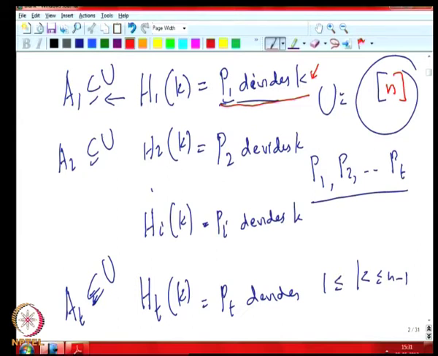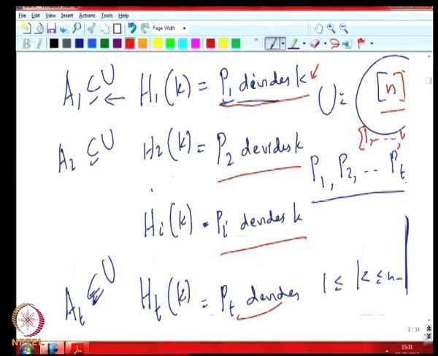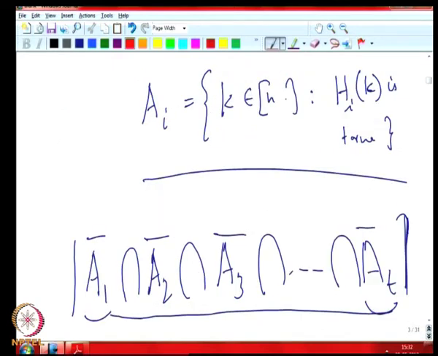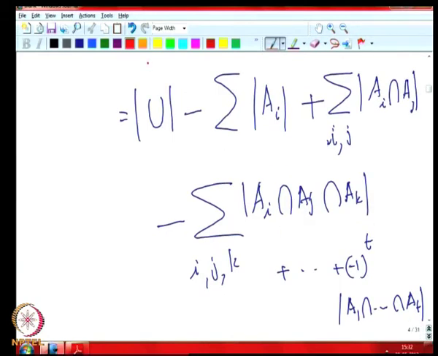But it is more convenient to take n as the universe, so that later the manipulations will be easier. So we will consider 1 to n as the universe, so that when I wrote this, Ai is equal to k element of n such that the property is satisfied. So this is n, correct, not n minus 1, because we are including n also in the universe.